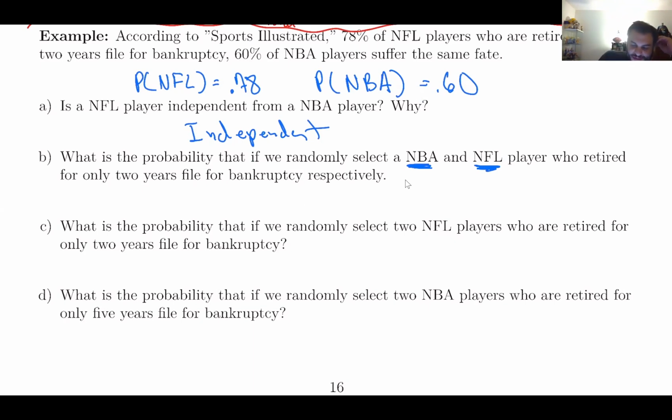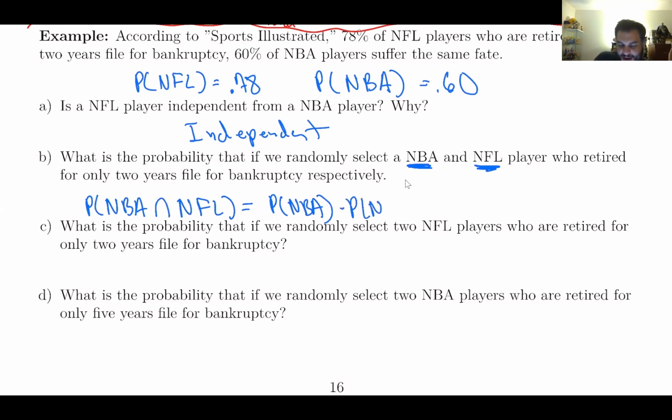We want the first one to be an NBA player who filed for bankruptcy in 2 years, and the second one to be an NFL player who filed for bankruptcy in 2 years. So all I have to do is multiply these individual probabilities times each other. We get the probability that an NBA player filed for bankruptcy in 2 years and multiply it by an NFL player who filed for bankruptcy in 2 years after they retire.